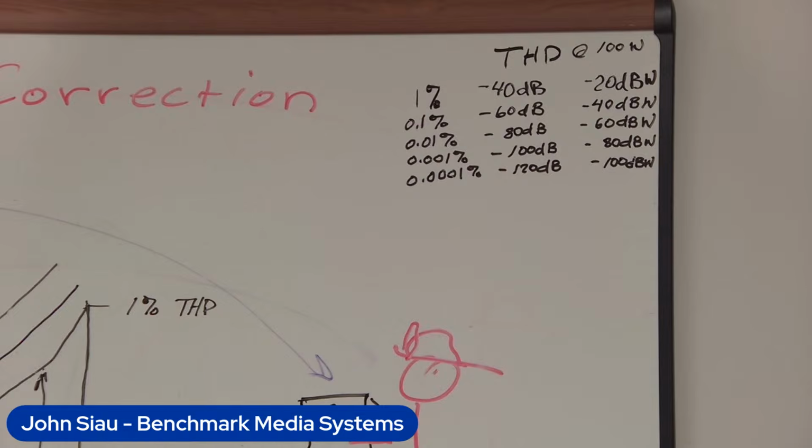So that means that to do the correction, I don't need 1 watt. I need 0.01 watt to do the correction. So my 1 watt amplifier is way more than sufficient to do all of the correction that needs to be done on the 100 watt amplifier. Gotcha.